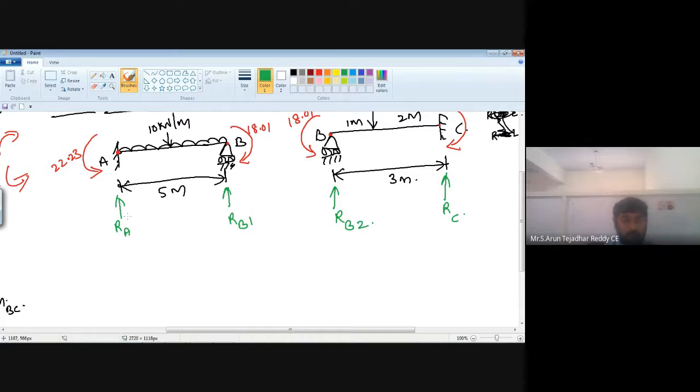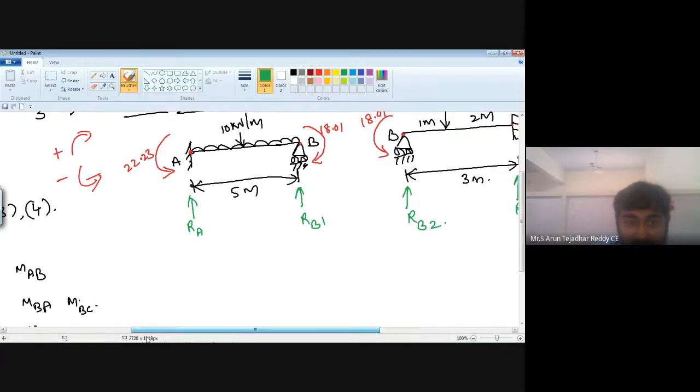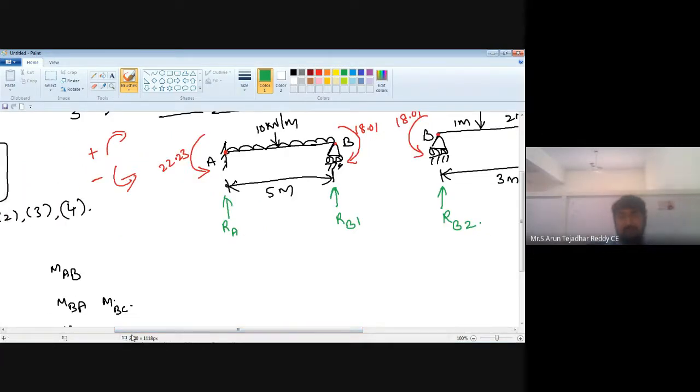Now find out all reactions RA, RB1, RB2, RC. Very simple. Already you know how to find the support reaction, that is by applying the equations of equilibrium. What are the equations of equilibrium?